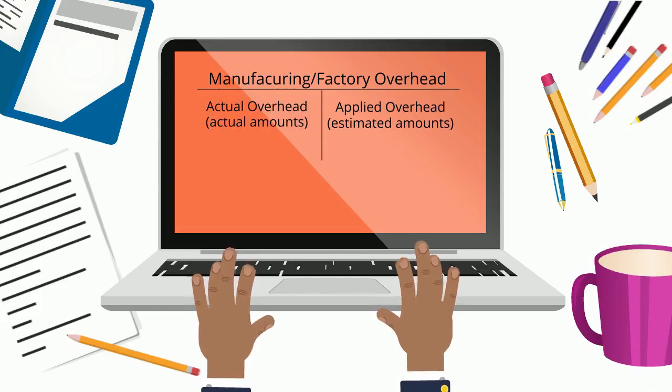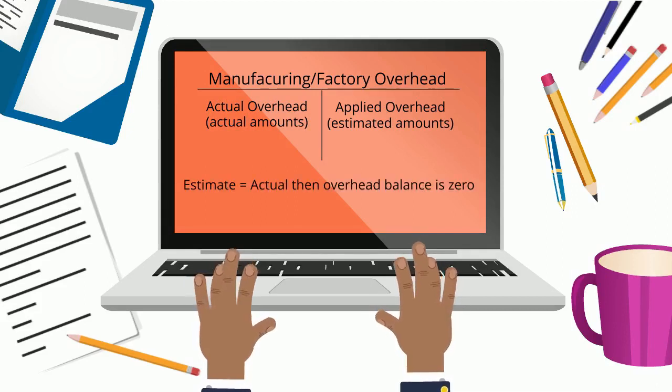If we estimated the exact amount of actual overhead we have, then the overhead account will be zero at the end of the year. If the estimate is different than the actual, which would be likely, then we would end up with a balance in the overhead account at the end of the year.